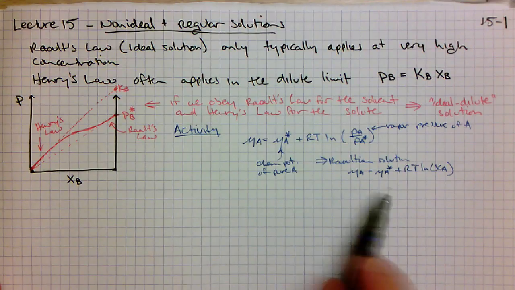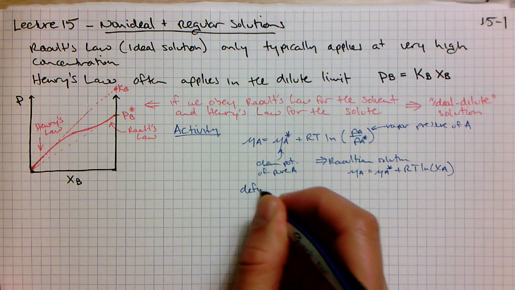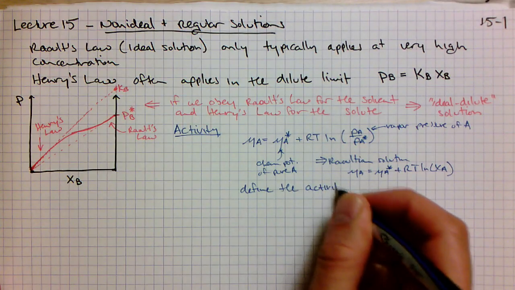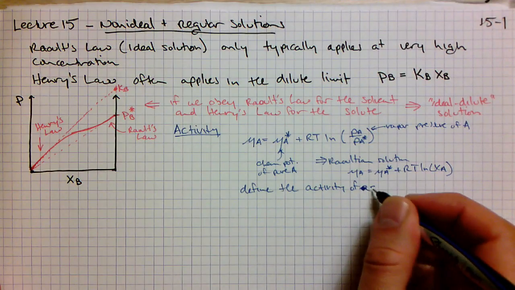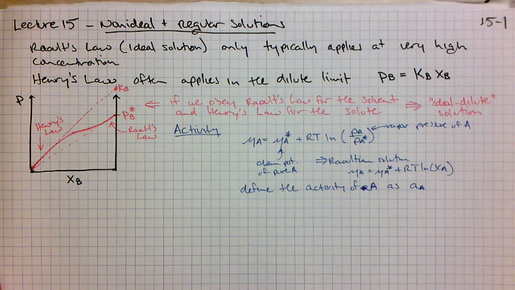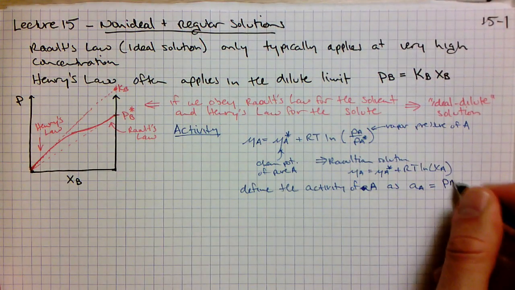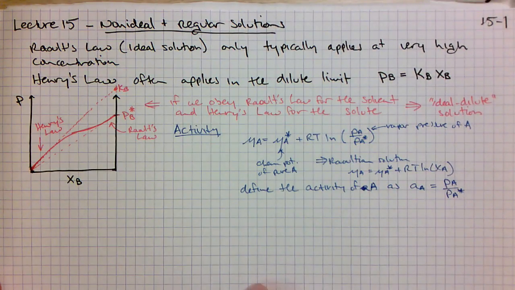So one way to handle this is to define the activity of A as A sub A. We're going to say A sub A is equal to the vapor pressure of A over the vapor pressure of pure A, just by definition.